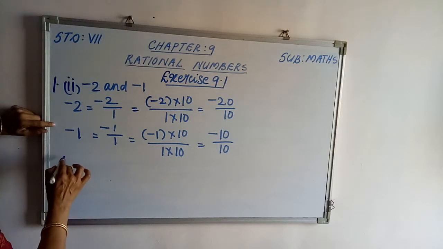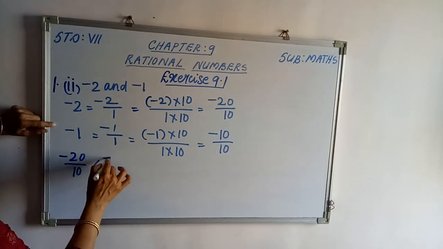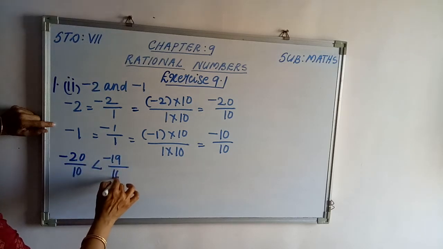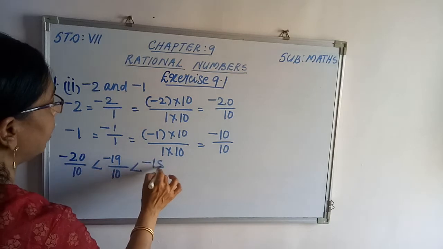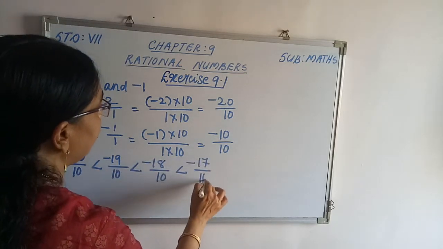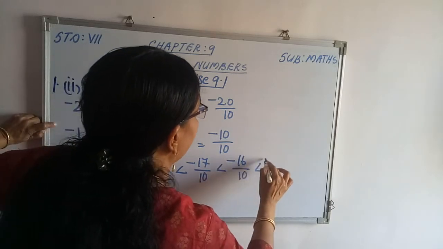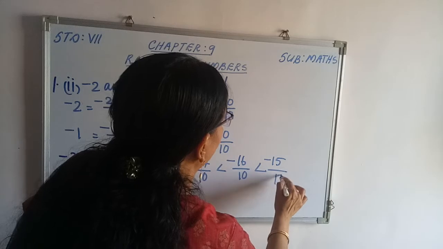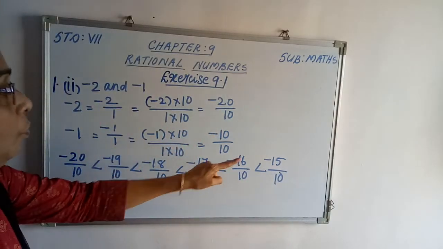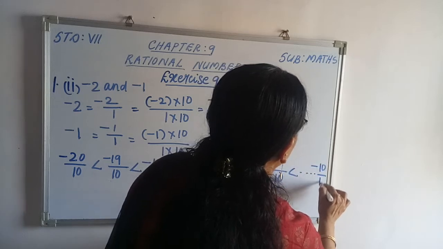We can write it as minus 20 upon 10 is less than minus 19 upon 10, less than minus 18 upon 10, less than minus 17 upon 10, less than minus 16 upon 10, less than minus 15 upon 10 (1, 2, 3, 4, 5), less than, and so on, up to minus 10 upon 10.